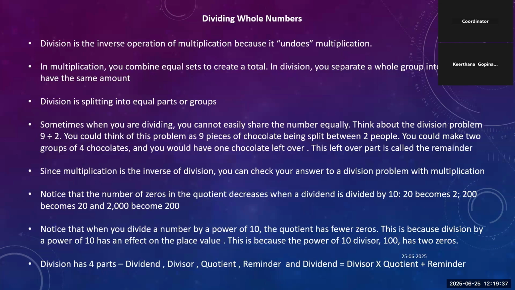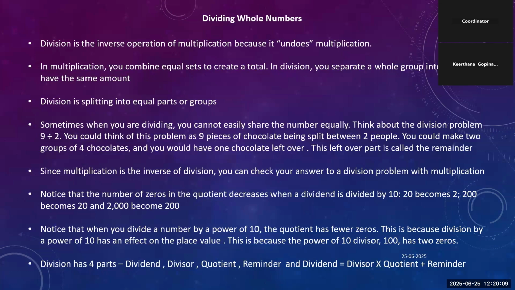So let us say 2000 by 100. Here 2000 is the dividend, 100 is the divisor. Inside the box is the dividend, 2000.